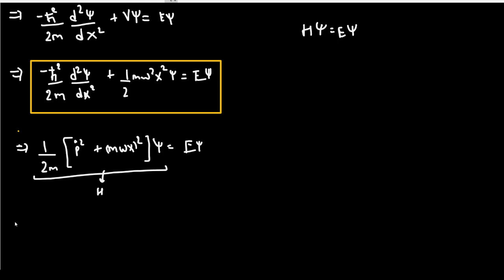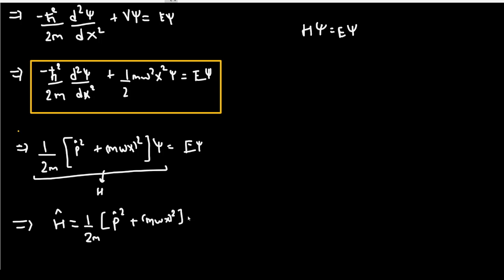So can I substitute the values? Can I write it in a better way, that the Hamiltonian operator is equal to 1 over 2m, p cap square plus m omega x whole square?